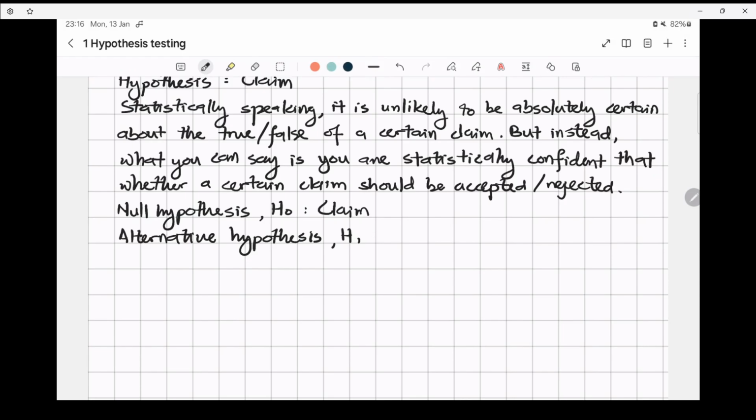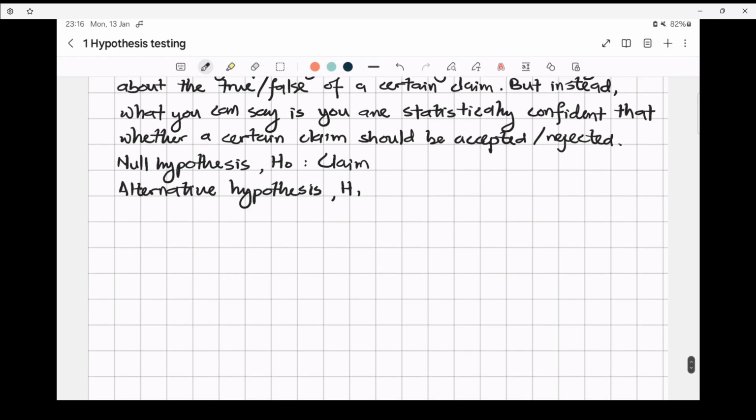If you reject your claim, then you have to accept this alternative hypothesis. So if you reject H0, then you have to accept H1. That's the nature of hypothesis testing.